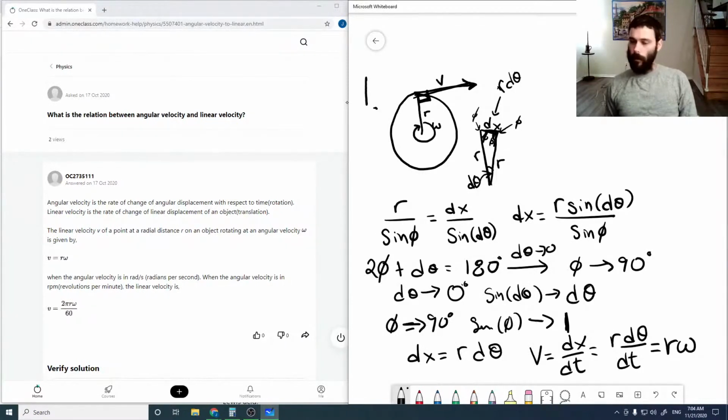So then that is our relation between our speed and our angular speed: v is r omega.